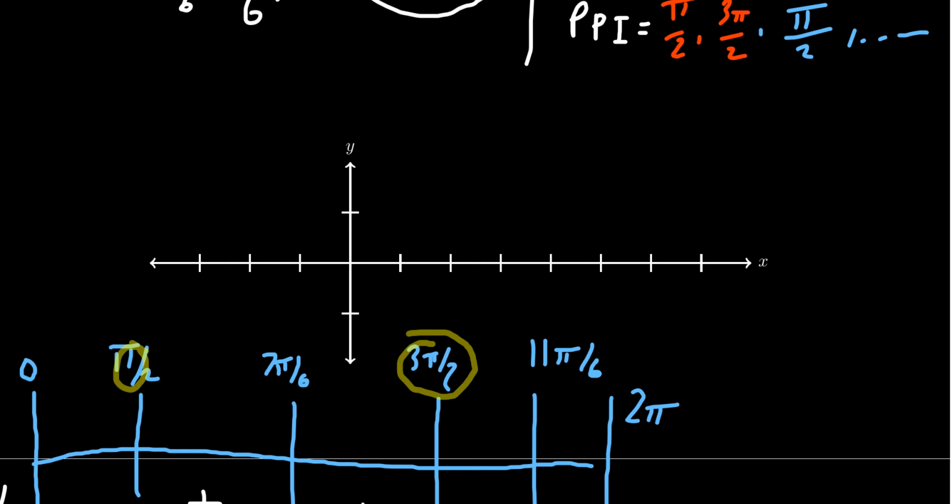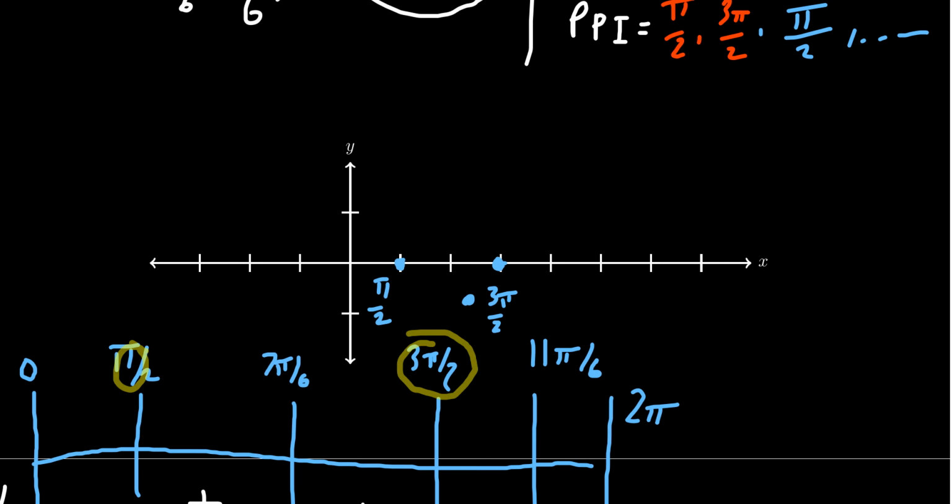So we had intercepts at pi halves and at 3 pi halves. We had an inflection point at 7 pi sixth, which is going to be right here on the graph. And then we had another inflection point at 11 pi sixth, which is almost 2 pi.